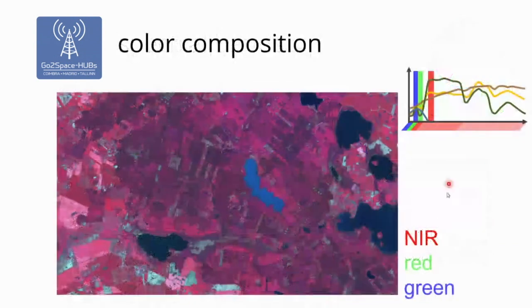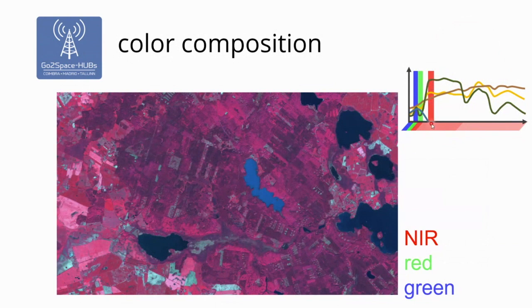Okay, so when we see here, vegetation reflects a lot of near infrared radiation, but it's shown in this image as red, and it reflects much less red band, shown here in green, and green band, shown here in blue.